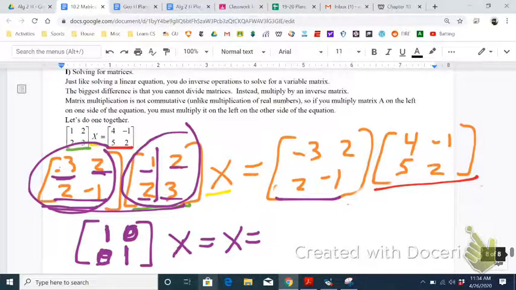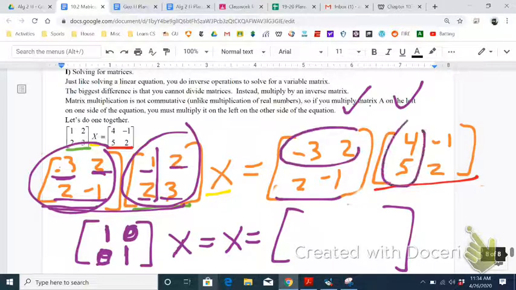So now to see what X equals, I have to multiply these two matrices over here. So I'm going to take row 1 times column 1, and it comes out to be -12 plus 10, so that's a -2. Okay. Then I'm going to take row 1 times column 2, and that's going to give me 3 plus 4 is 7.